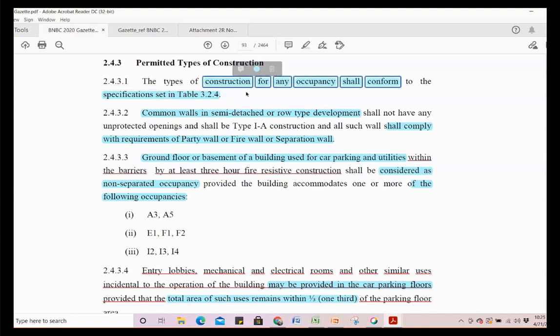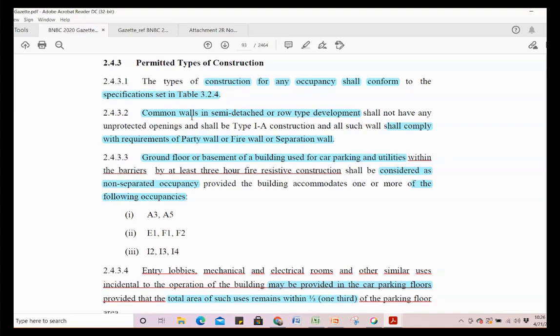As we can at least recall from the early presentation, table 3.2.4 contains the construction classifications. So any type of construction for any occupancy must conform to the specifications of table 3.2.4.